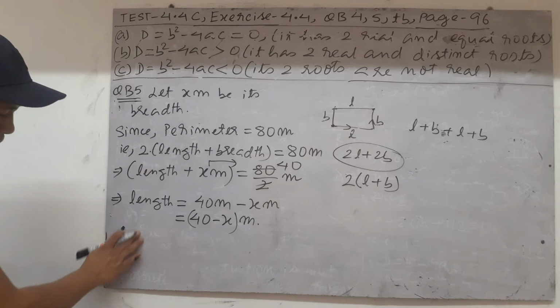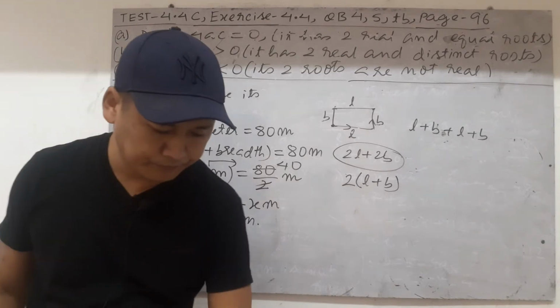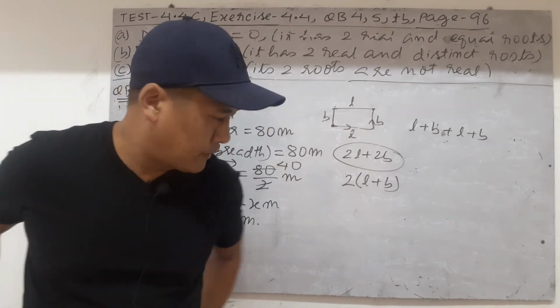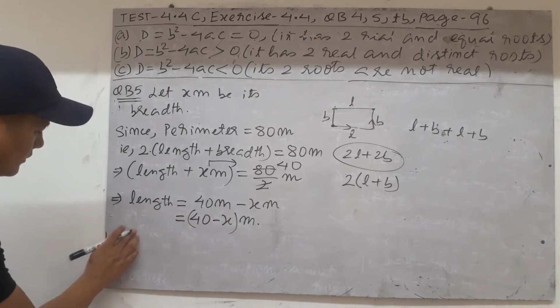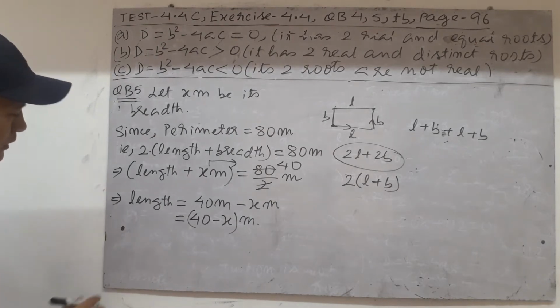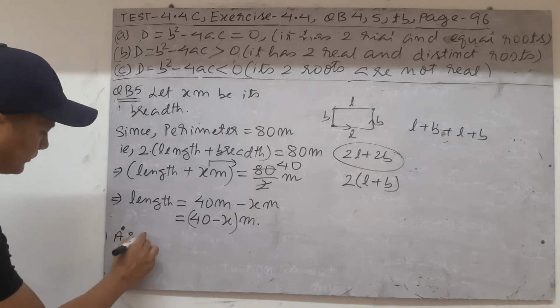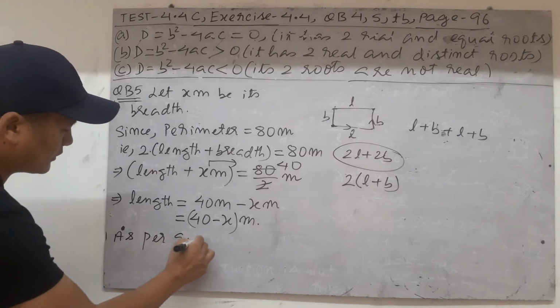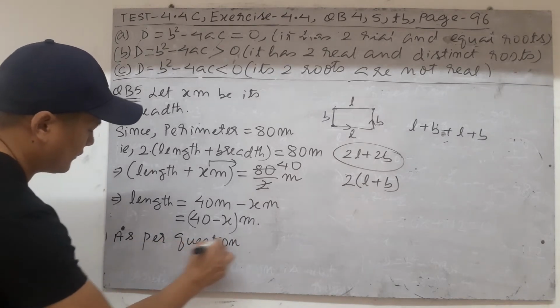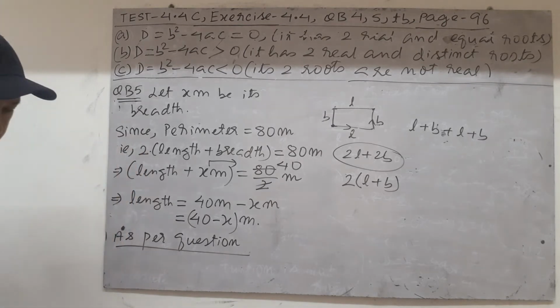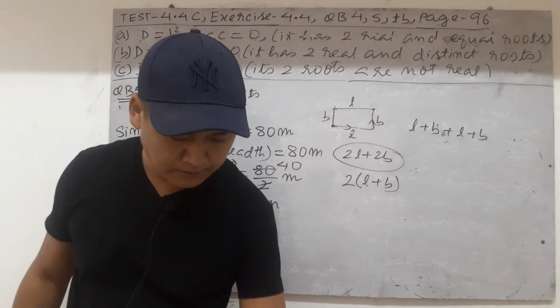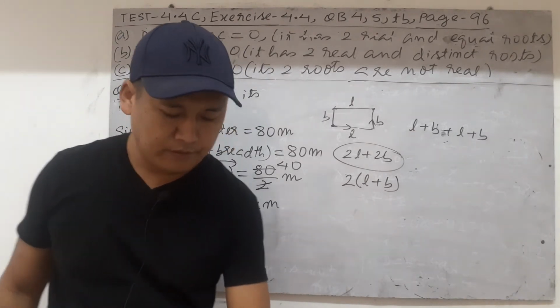Okay, then let's go here. As per the question, there is another condition. This is the first condition of the question. Now look into your text: area equal to 400 meters square.